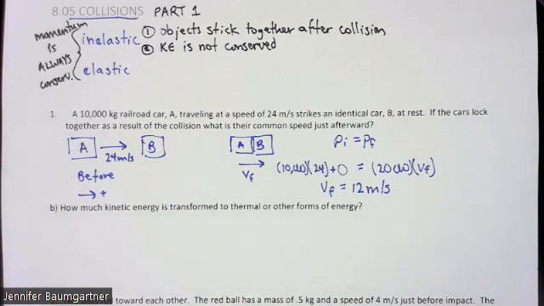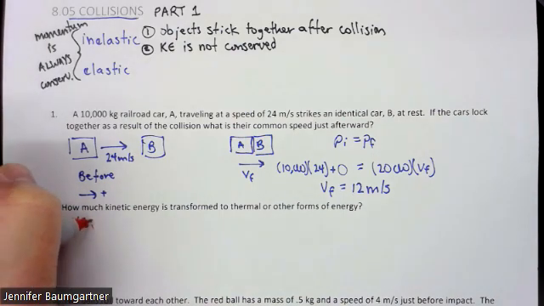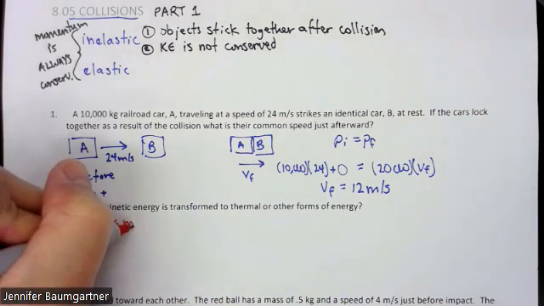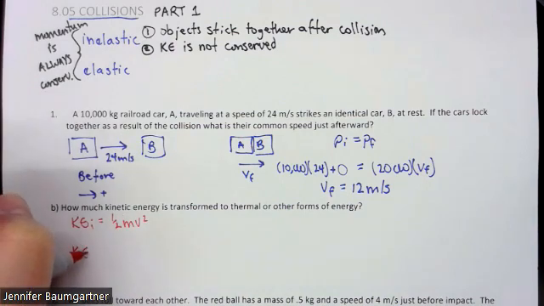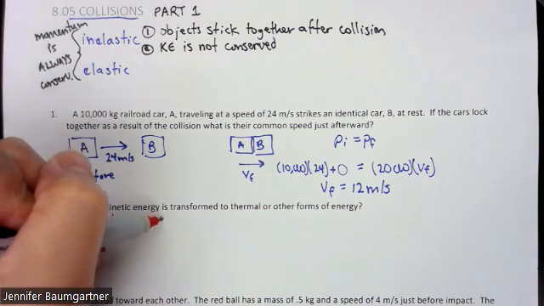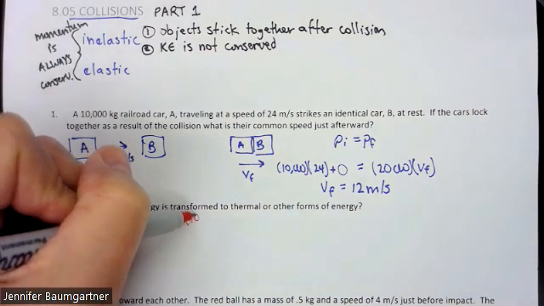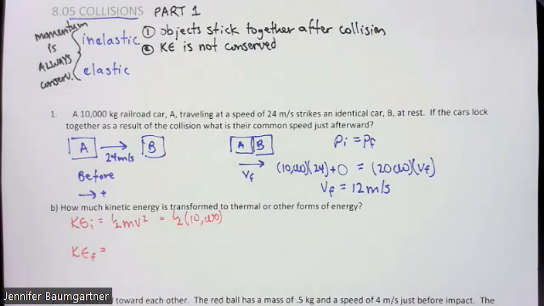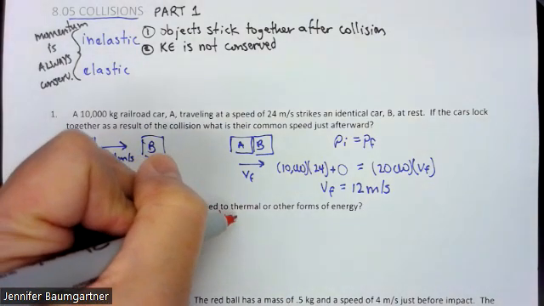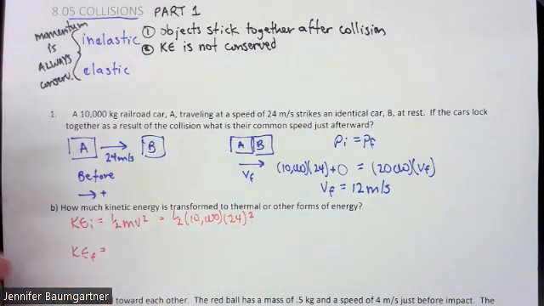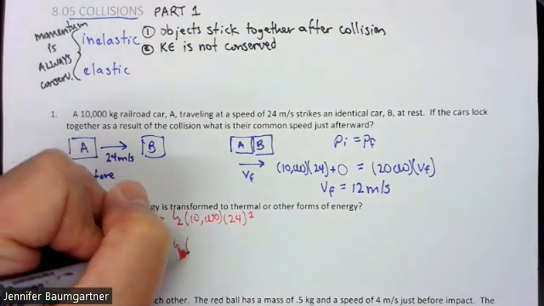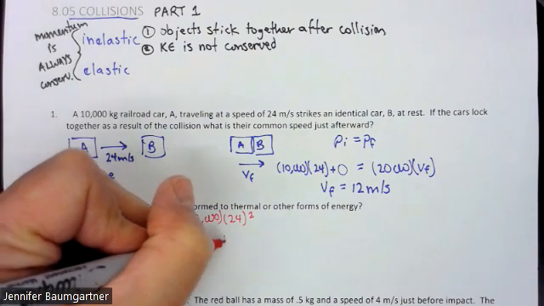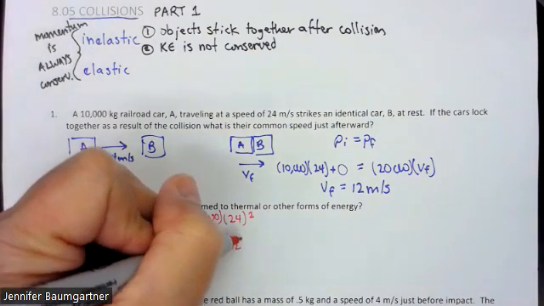But we know that kinetic energy is 1/2 mv squared. And let's do the kinetic energy final is going to be the same. So here we're going to have 1/2, and our mass was 10,000, and our velocity was 24 meters per second. We're going to square that. My final is going to be 1/2, this was 20,000, and this is 12 squared.